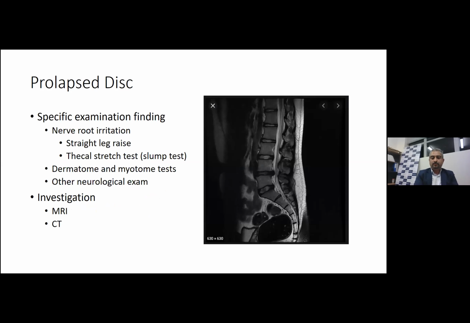Examination-wise, nerve root irritation tests such as the straight leg raise test and slump test are two that I do on every single patient who approaches me with back pain. Obviously, I complete my examination with muscle power and sensory testing as well. The ideal investigation is MRI because it shows the exact tissue problem and irritation to the nerve, and it makes diagnosis much easier.